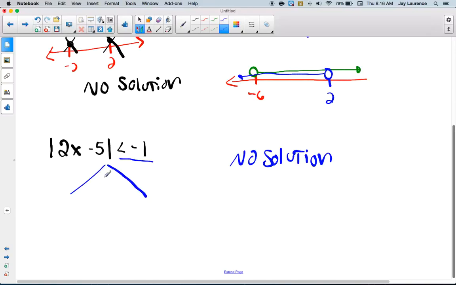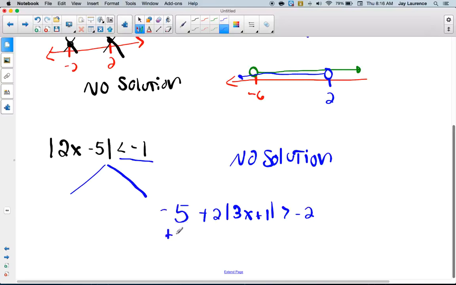All right, now, last thing I want to say, if you have something more complicated like this, you might not want to determine if it's no solution or all real numbers right away. I would eliminate the 5 and then eliminate the 2 and then see where I'm at. So, in fact, let's make that a -5.